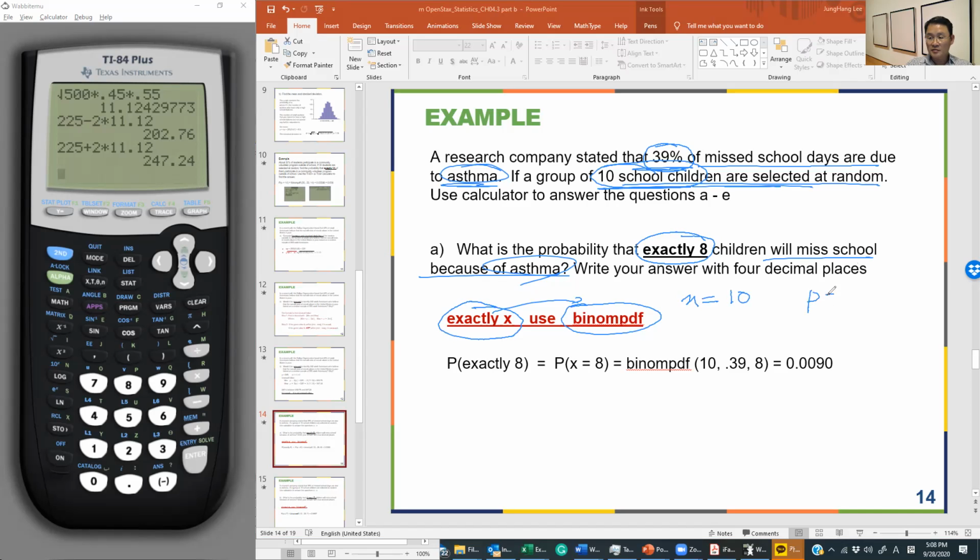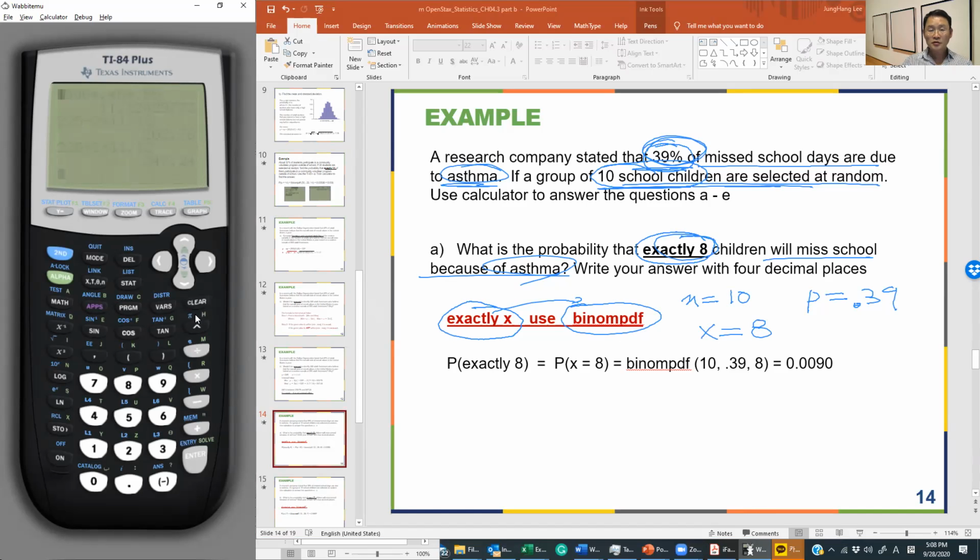What's our P? P is given right here, 39%, so it's going to be 0.39. What about X? Exactly 8 of them.